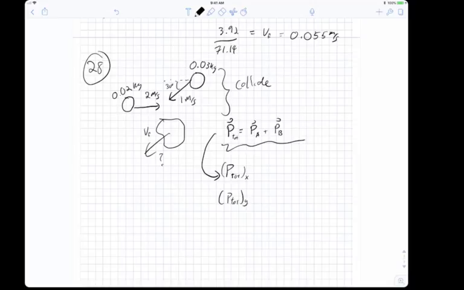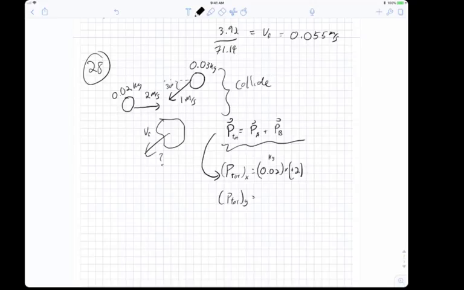Because as we know about vectors, their components will be conserved separately. Okay. So the momentum of ball A, it's moving 2 meters per second to the right. So that's the mass times the velocity, plus 2 meters per second.